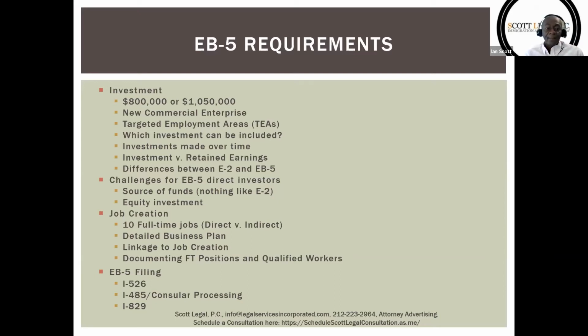In terms of the government, some of it's through case law and some of it's through regulation, it has determined what can be included in the investment. So, for example, the legal fees that you pay or the administrative fees that you pay. If you invest in a regional center, and you gave the regional center $750,000, and then you paid them $50,000 in fees, that wouldn't work, because the $50,000 doesn't count towards the investment.